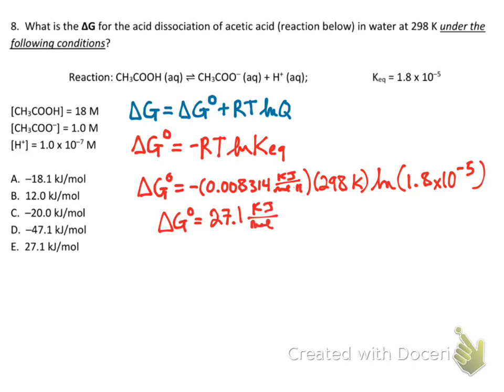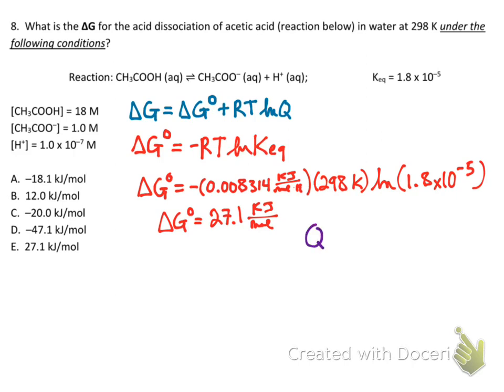In the words of the great poet and philosopher John Bon Jovi, whoa, we're halfway there. Now we need to find our actual delta G with these concentrations. I would advocate for whenever you have to find Q, always write out an expression for Q. So Q is going to be equal to our concentration of products over reactants.